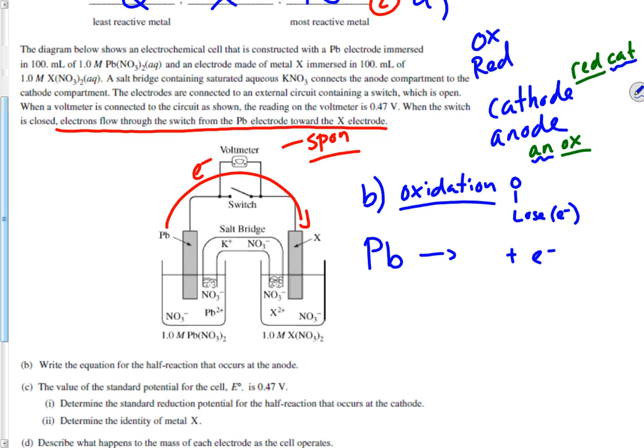It's a 2+. It says it right here. So where does the 2 plus go, on the left or the right? Think about this. I lose electrons. Right or left? It has to be right, and then there's one last thing that's not correct. 2 electrons.